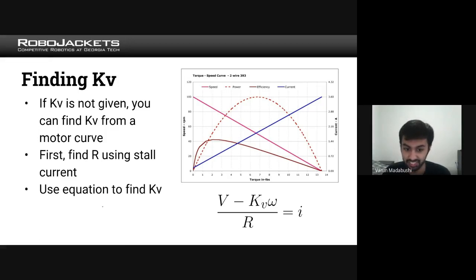So the equivalent circuit model becomes just a resistor between VA and ground. Here you can easily calculate the resistance if you know the current flowing and you know the voltage. Given that you found R, you can now use this equation to find kV. Just solve for kV at any particular point along this line where you know I, R, omega, and V.